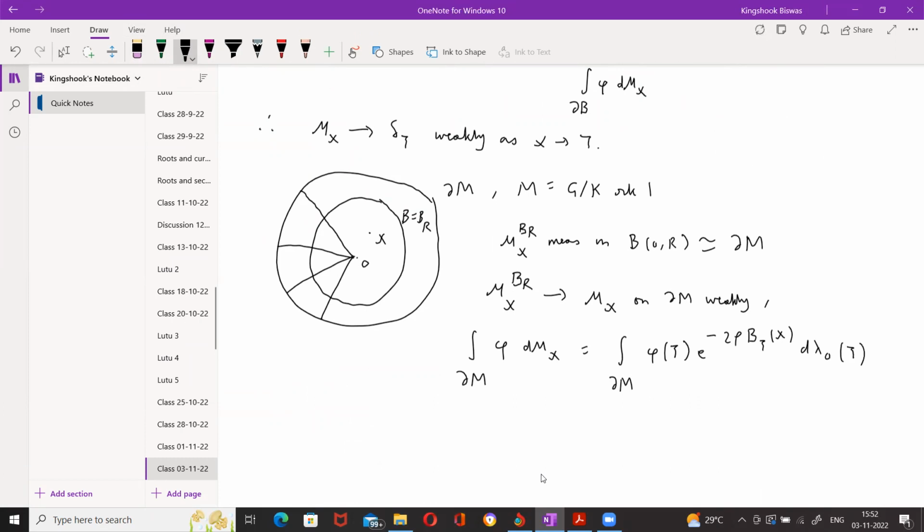So lambda naught is the Lebesgue measure you have on the unit tangent space at the origin, and that you identify with the boundary, again via the exponential map.